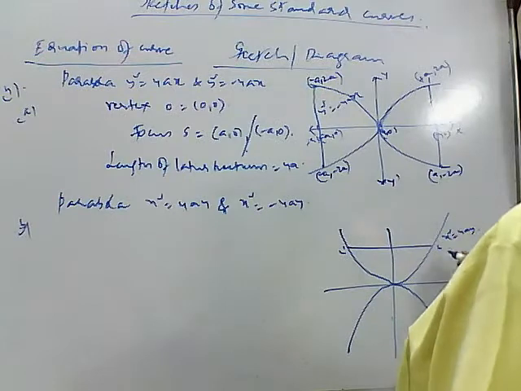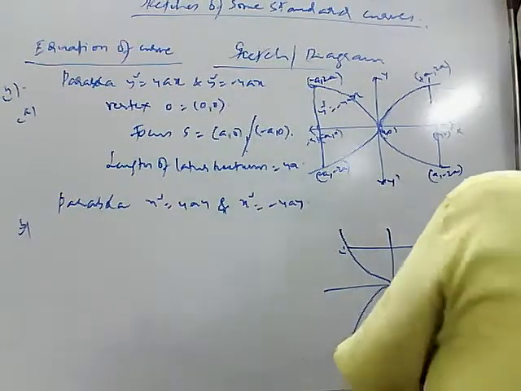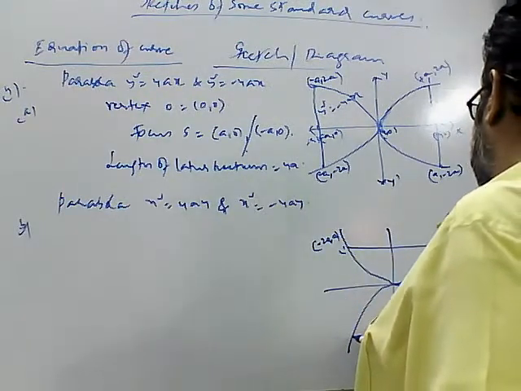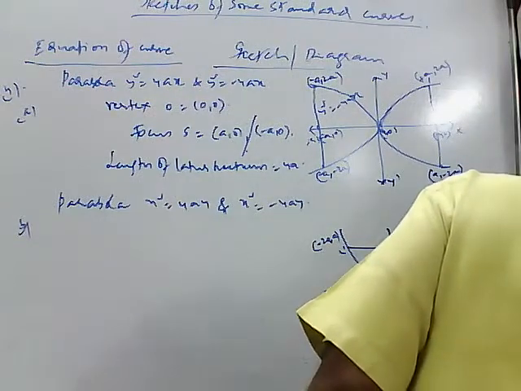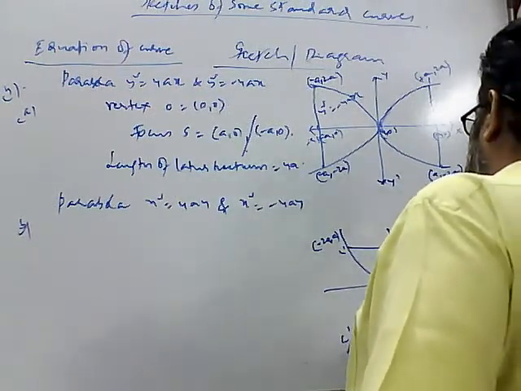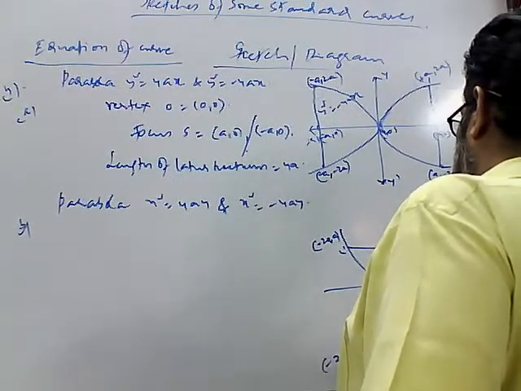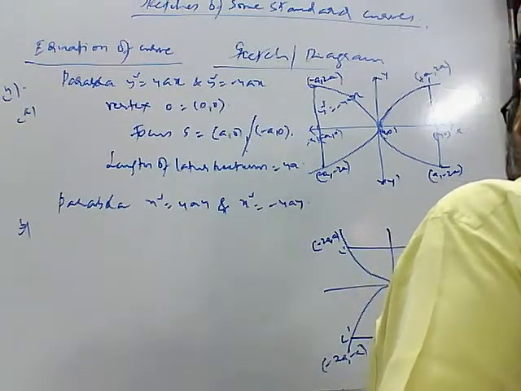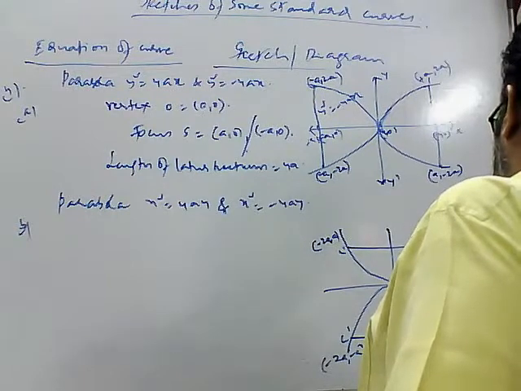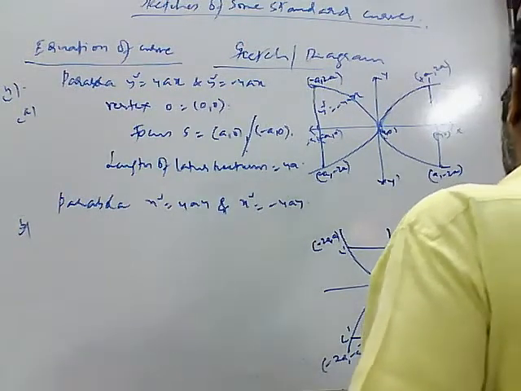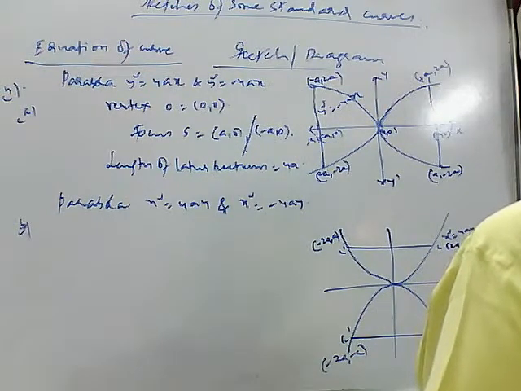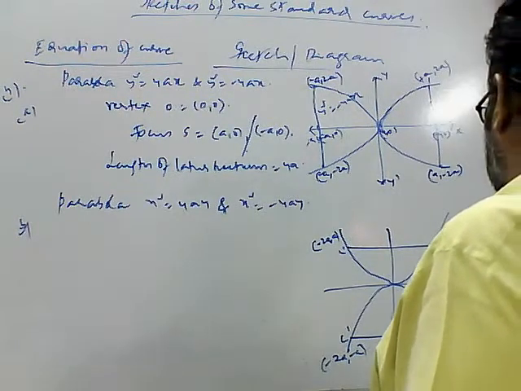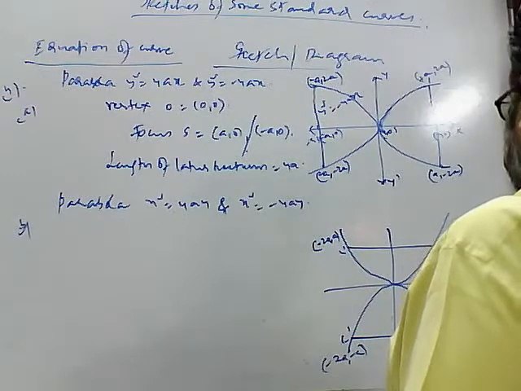Here 2a, here minus 2a, and this is minus 2a, minus a. 2a, minus a.